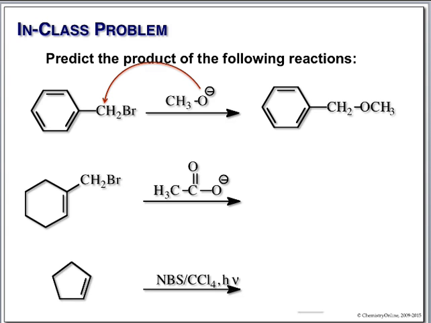So it's a very reactive alkyl bromide. Once again, the carboxylate anion is going to be our nucleophile. That's the electrophilic carbon. Bromine is the leaving group. We simply attack, bromine leaves, and we form the carboxylate ester.